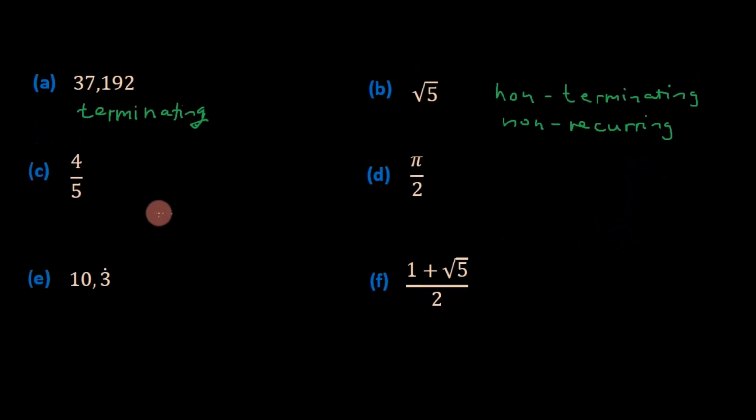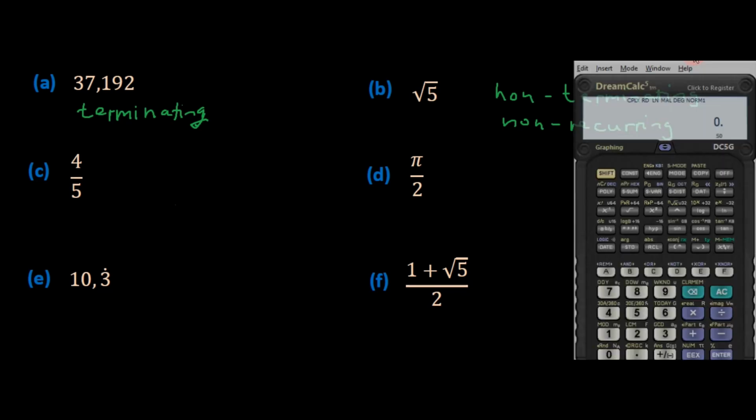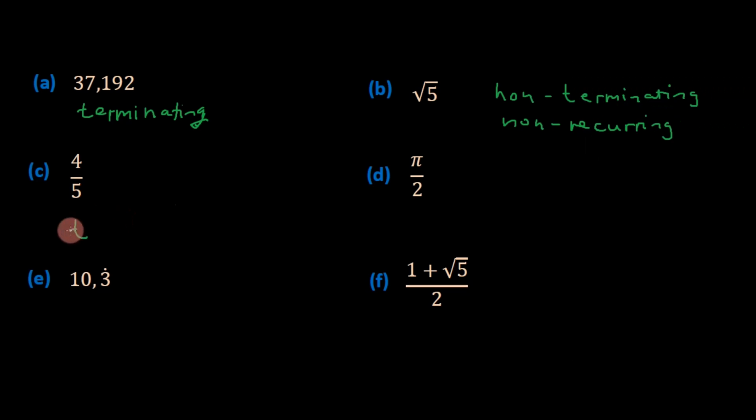Then 4/5, let's check. 4 divided by 5 is 0.8. So that's terminating. Then we have pi/2.